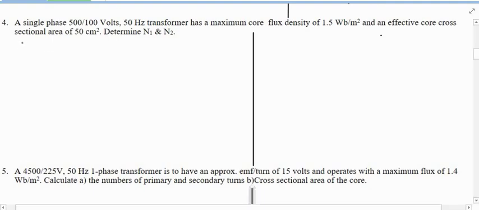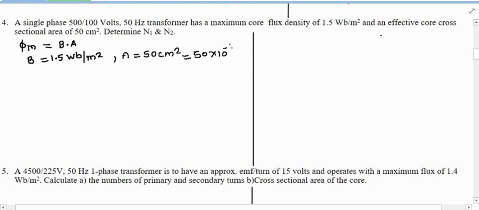So students, we know what is the maximum flux? It is nothing but flux density into area, right? Flux density is given to you, 1.5 Weber per meter square. Area is 50 centimeter square. Let us convert this into meters. So I will write down here 50 into 10 raised to minus 4 meter square, right?